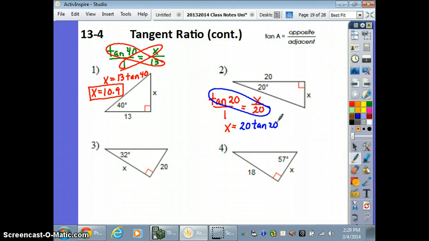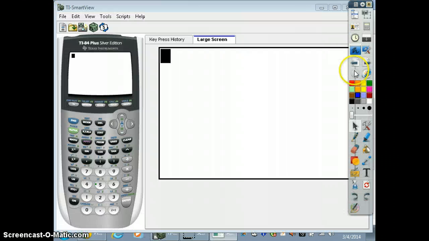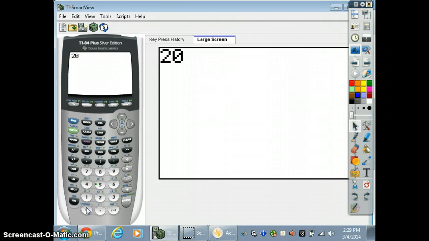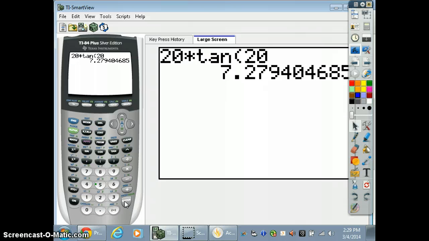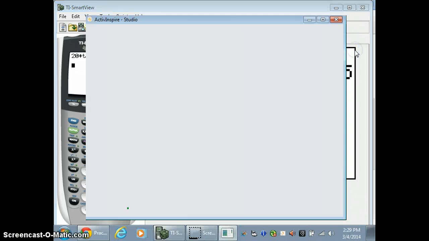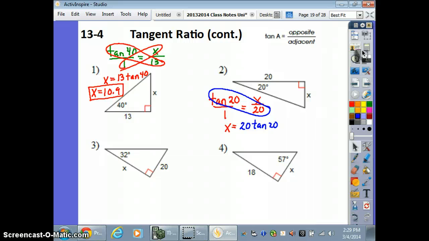Let's go to the calculator and see how it looks. That was 20 times tangent of 20, and rounded to the nearest tenth, 7.3. So x equals 7.3. This leg is 7.3.